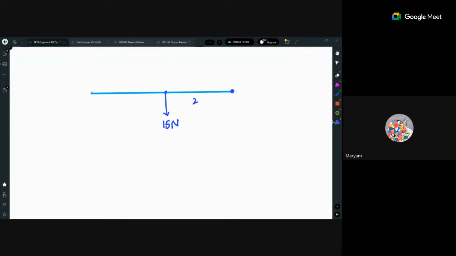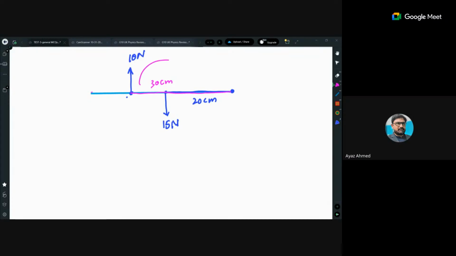And there was a force of 10 Newton, which I have just assumed. This is at what distance? 30 centimeter. So this distance is 20 centimeter and this distance is 30 centimeter, right?